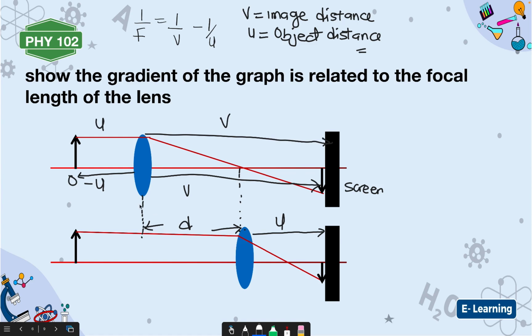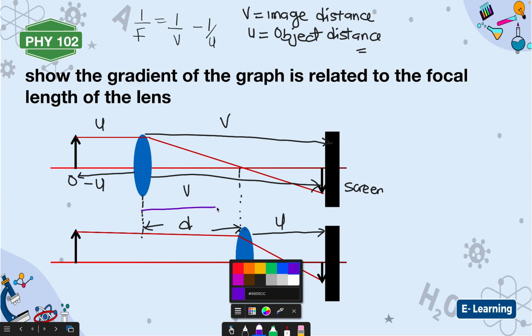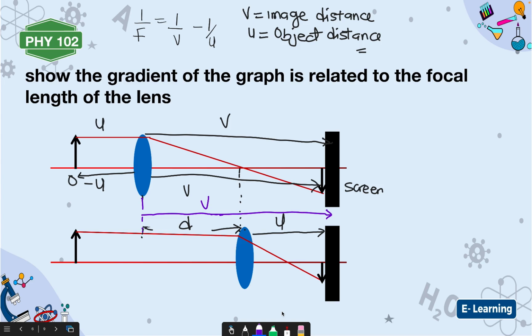Are you getting it? It also means that from here, let me use another color to code it. So we can also say that if from here to here is V, it means also that from here to this position is also V. Exactly.